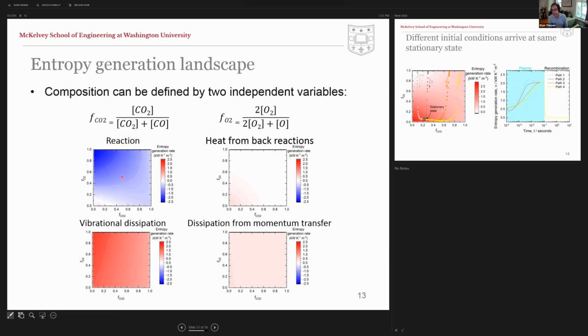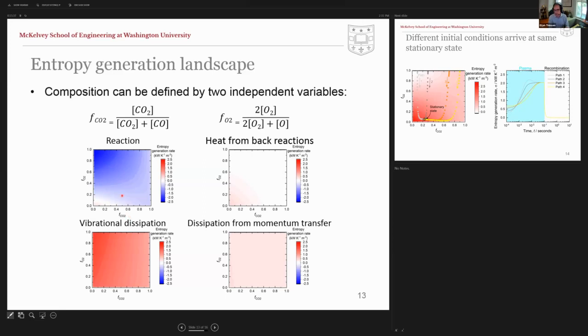What that means is these plasma chemical reactions, which we know occur in reality, we can experimentally observe that, must be compensated by some dissipation process in order to satisfy the second law. Both the heat from the back reaction and the dissipation from momentum transfer are insufficient to overcome this very negative entropy generation by the reaction. Only the vibrational dissipation is sufficiently positive to overcome that negative sigma.